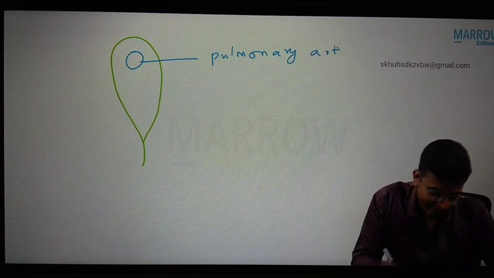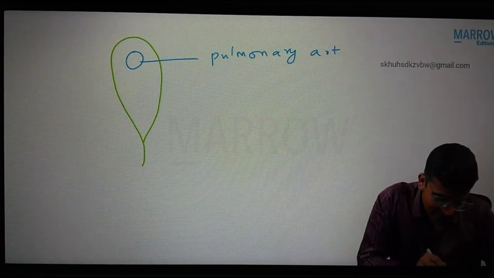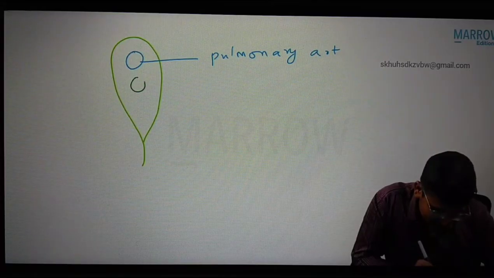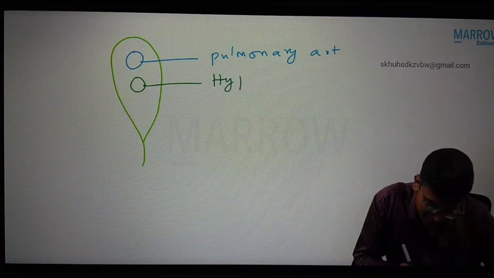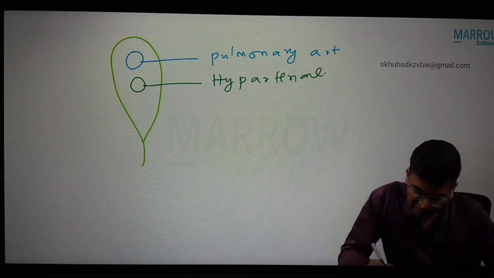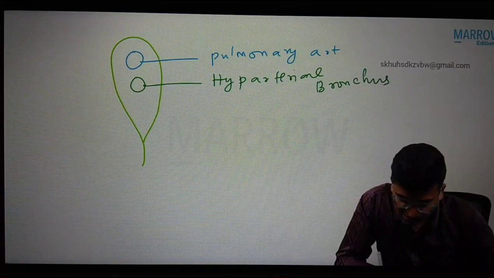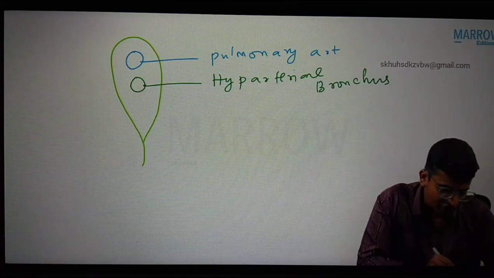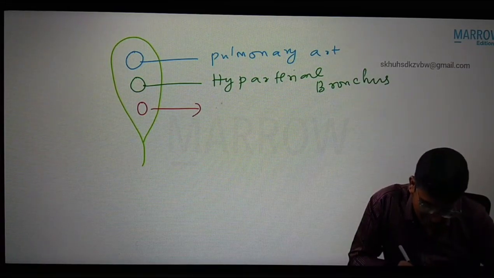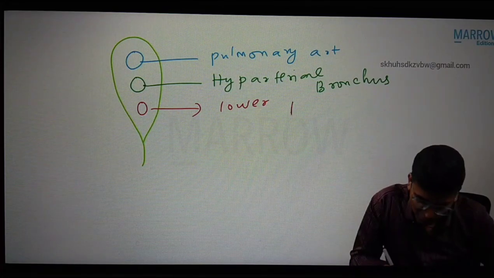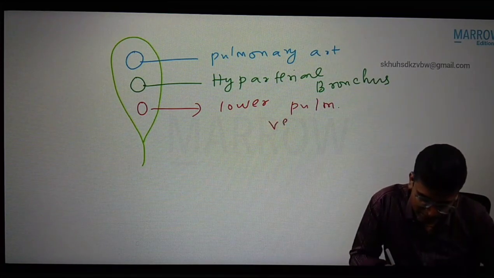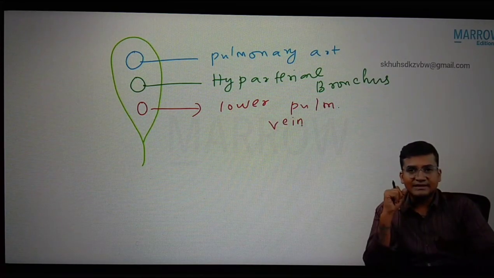Now, below the pulmonary artery, we are seeing the hypoarterial bronchus. Okay, and the lowermost structure is our lower pulmonary vein. Okay, right.